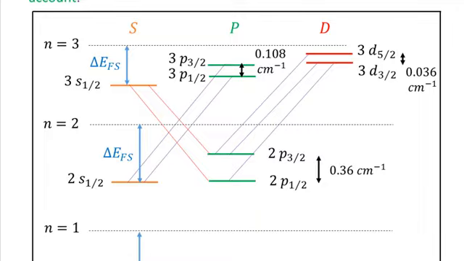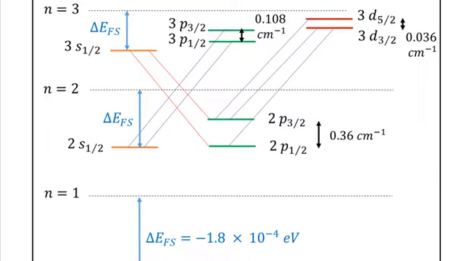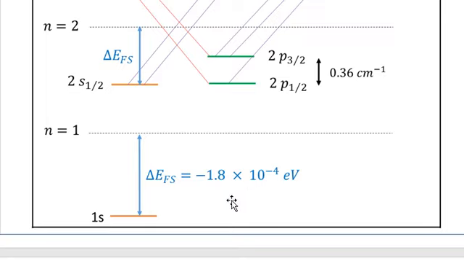And you can notice one thing, that the magnitude of delta EFS is maximum when the value of the principal quantum number is small.